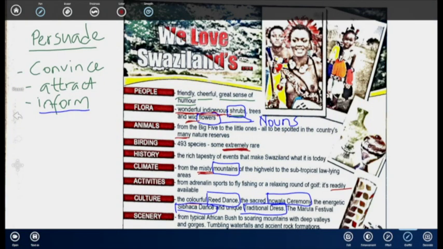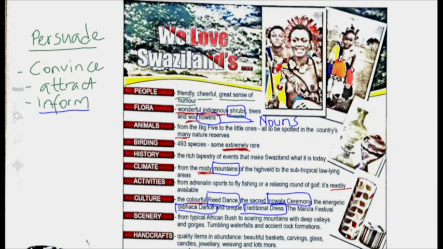These are the words that I'm talking about. Here, instead of just saying reed dance, they said it's a colorful reed dance. And then there's the Ingwala ceremony, and then it's called what? A sacred Ingwala ceremony. The energetic Sipaka dancing. It's said to be energetic. It's not just come to Swaziland and you will witness reed dance, Ingwala ceremony, Sipaka dance, and traditional dresses.